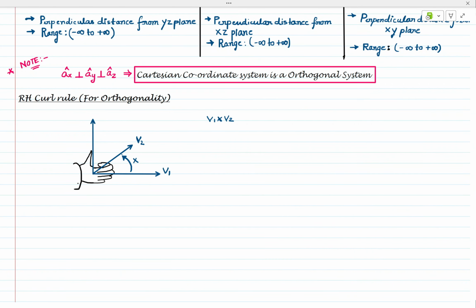My thumb is directed in the upward direction, and this upward directed vector will be denoted as V3, which is the resultant vector.